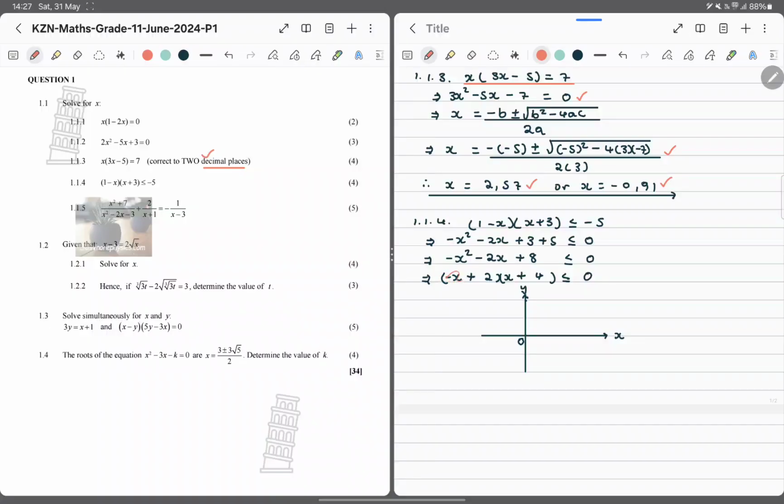So our graph is a grumpy face parabola with this as minus 4 and 2. So this is the stuff that we will get.